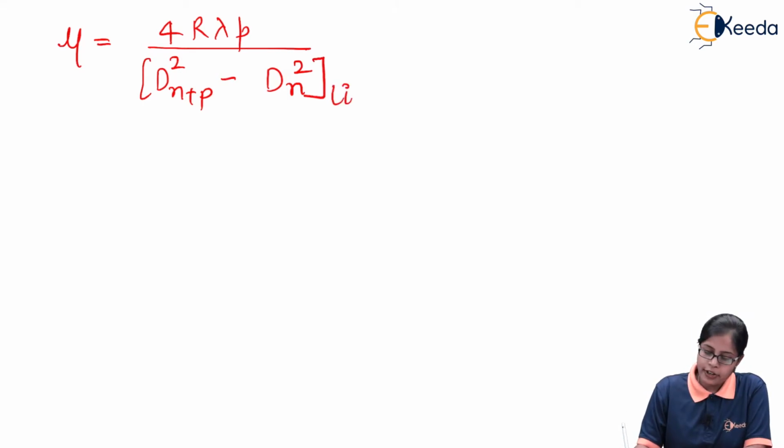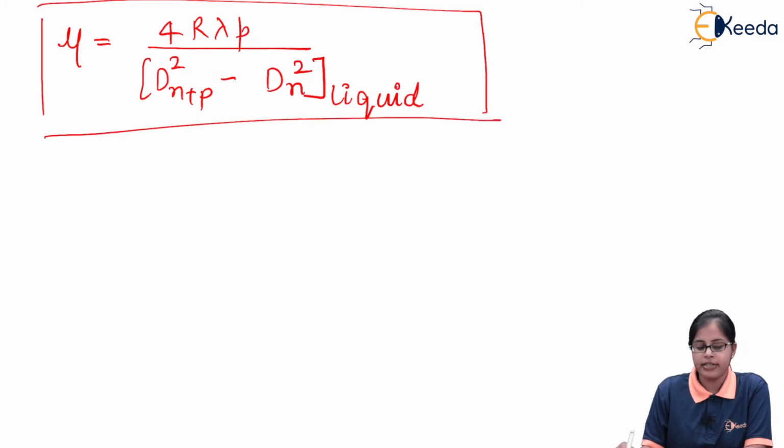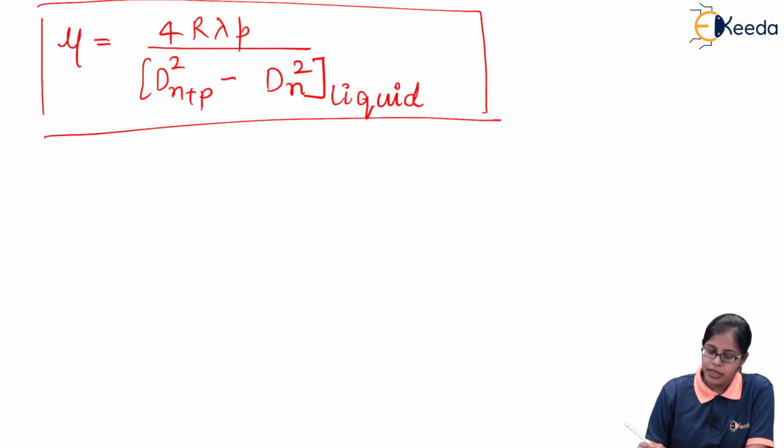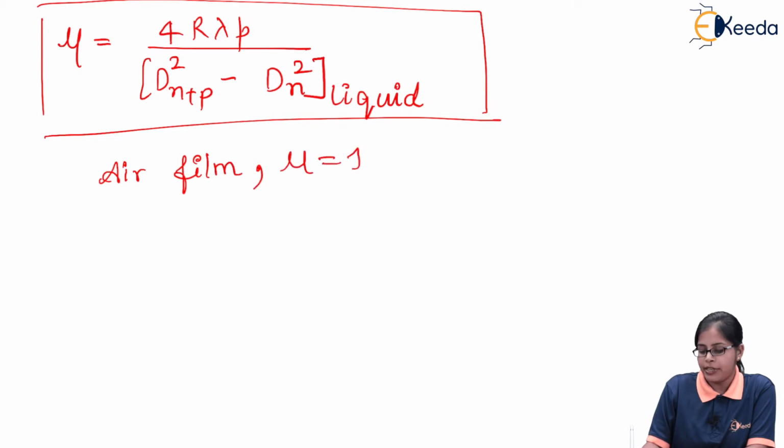As we have done this calculation for the liquid film, this is the formula applicable for calculating the refractive index when we consider a liquid film of refractive index mu inserted between the gap of the plano-convex lens and the plain glass plate. Now suppose we have an air film instead of a liquid film. We are aware that for air film the mu value is 1.